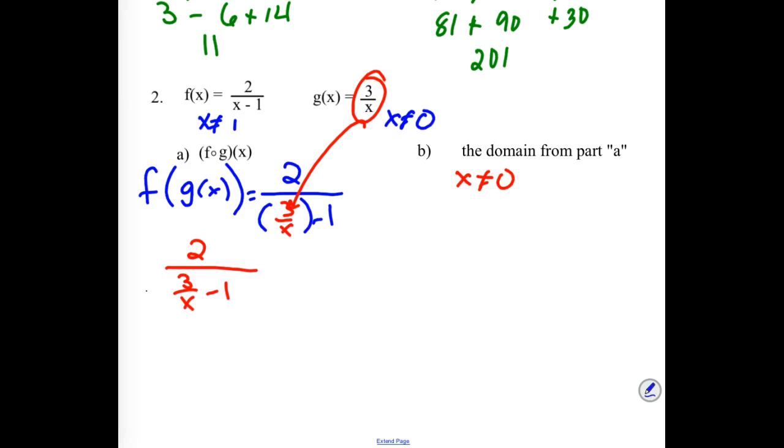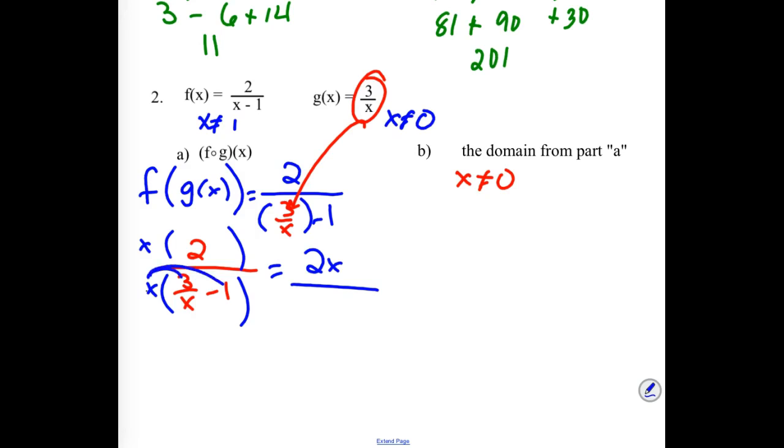So to get rid of this x in the denominator, I'm going to multiply by an x. But whatever I do to the bottom half of this fraction, I have to do to the top half. What do we end up with? 2x for our numerator. Okay. What do we get in the denominator?